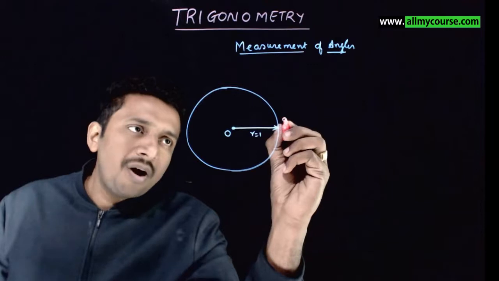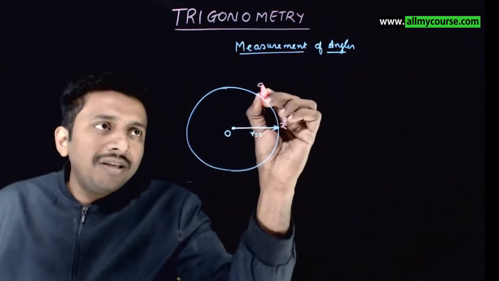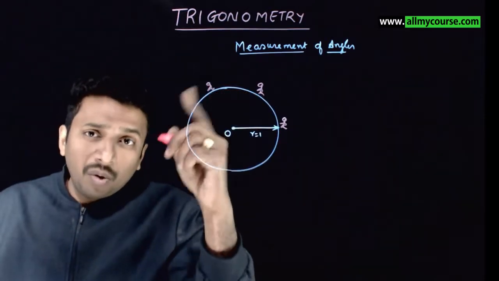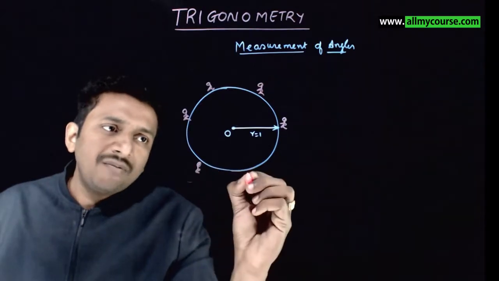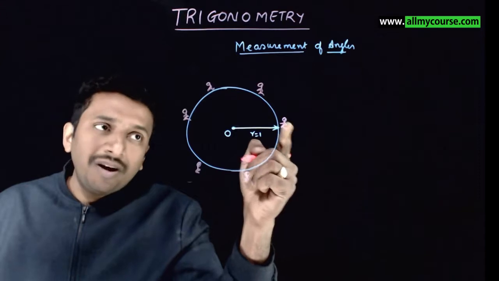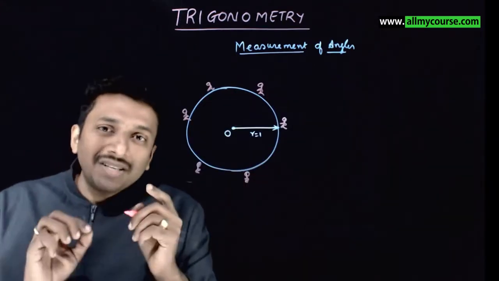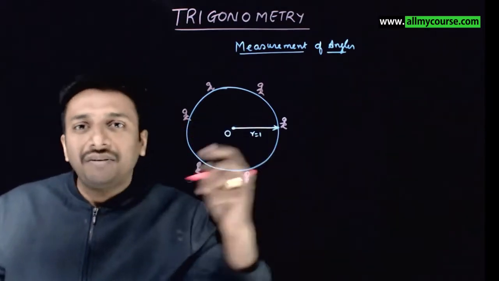Now I assume that I am walking on this circle. My question is, as I go on walking from this point, if I complete one rotation, what is the length of arc that I have covered?